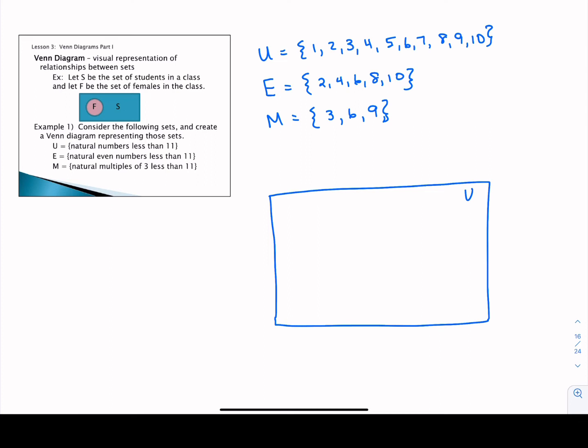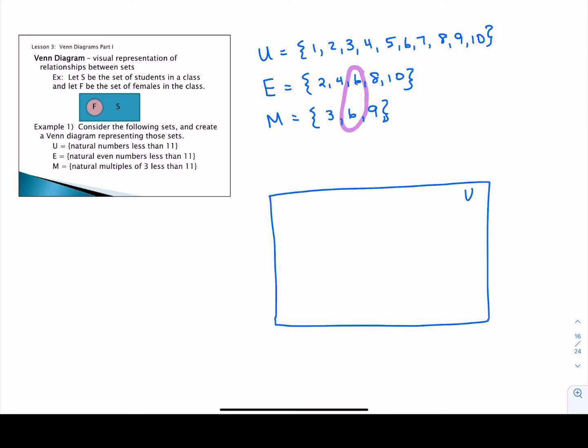But we have to be careful because some of those numbers belong to E, which are the even numbers less than 11. Some of those numbers belong to M, which are the multiples of 3, and some of them actually involve both of those sets. So if we look for an intersection, what I want you to recognize here is that 6 is an element in both of those sets.